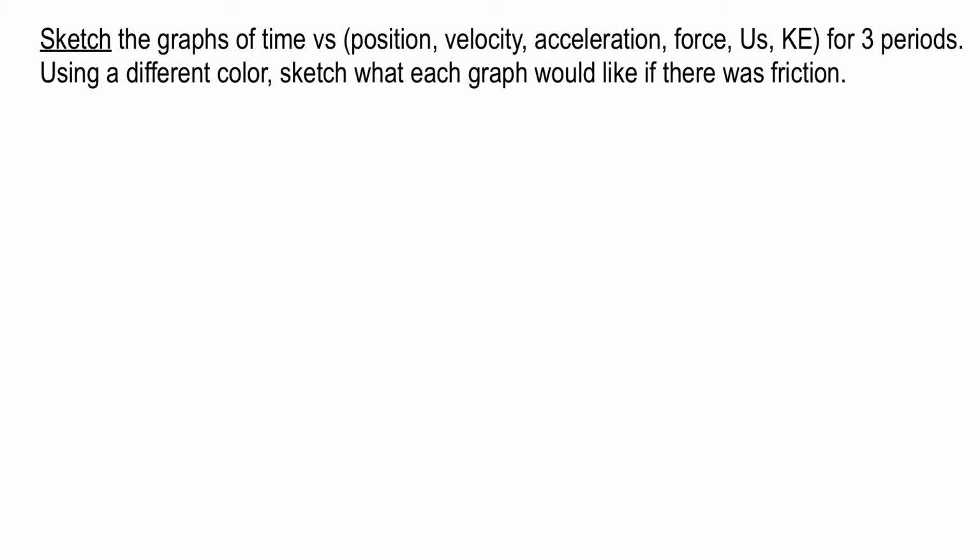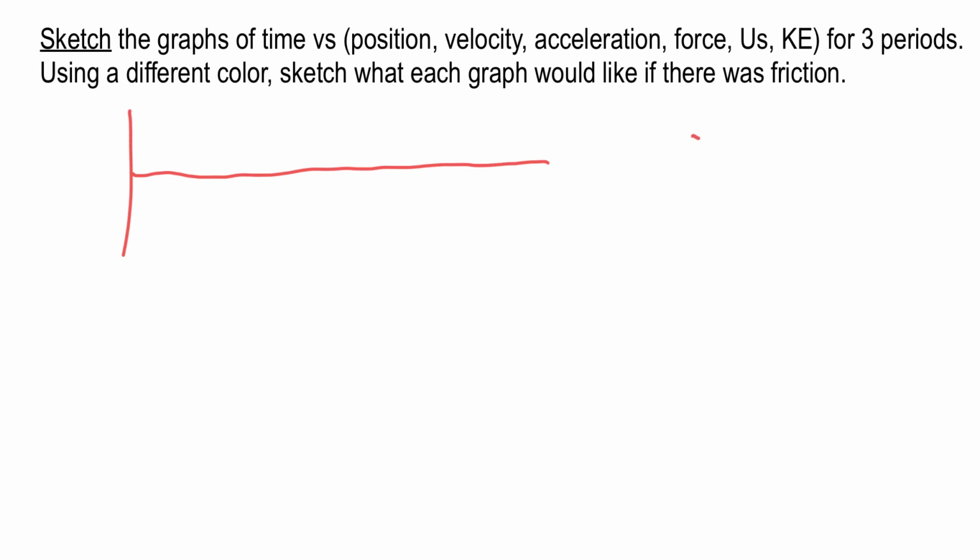All right, so this question, we are looking at all these graphs, simple harmonic motion. We spent a whole day doing this, so I don't really feel like I can do it justice in a video, but we'll do our best. We're just going to sketch it out anyway. So position, velocity, and acceleration.